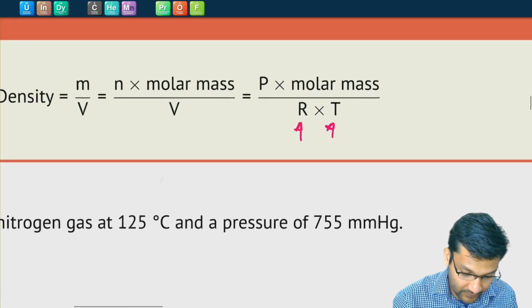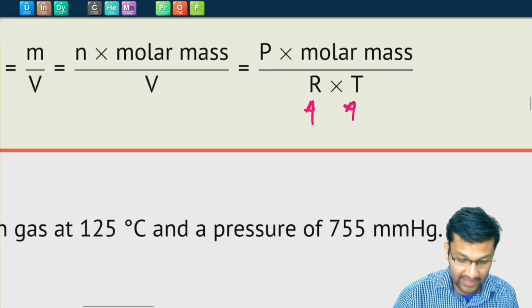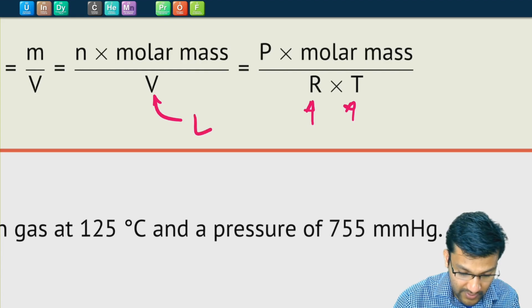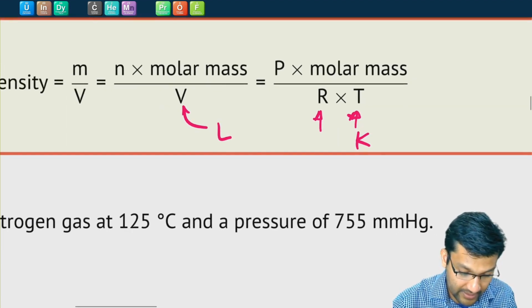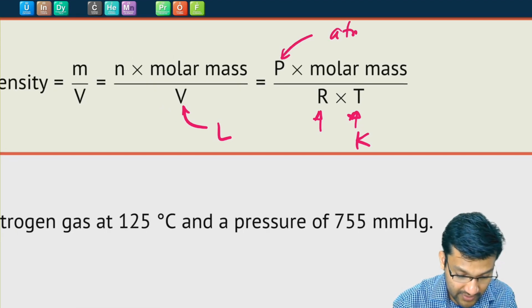The volume must always be in liters, and the pressure must always be in atmospheres. I think that's all that we're looking for.